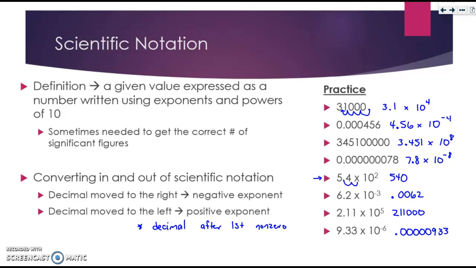When you have a negative exponent provided, you make the number smaller, and when you have a positive exponent, you make the number larger. You always start exactly where the decimal is, so I want to move it 5 spaces to the right. 1, 2, 3, 4, 5. And of course I fill in with zeros.